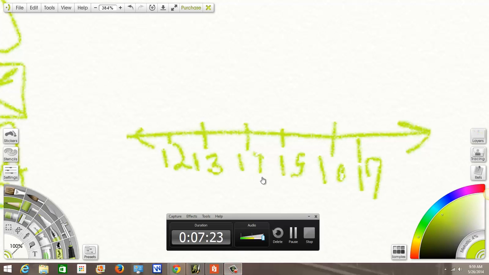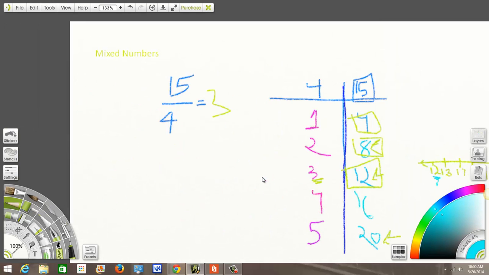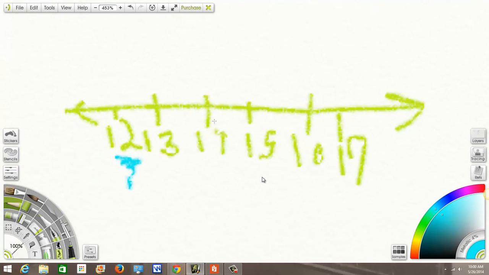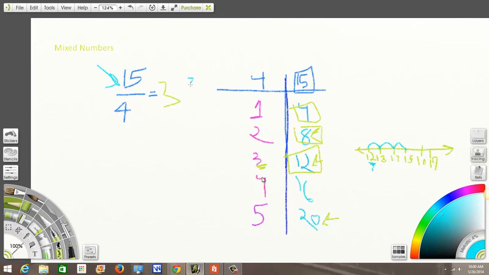So what we're gonna have to do is count how many paces we have to go from 12 to 15, right? Okay, so 1 pace, 2 paces, 3 paces, and that's it. So we're gonna write 3 over 4 and keep the denominator.